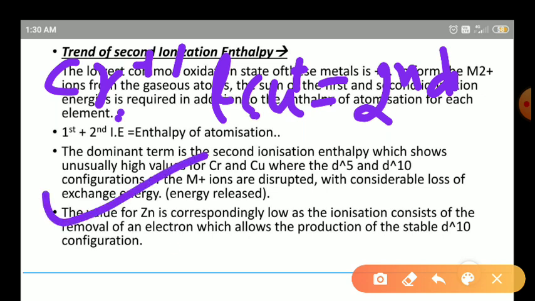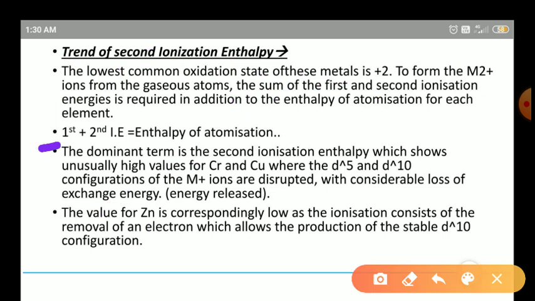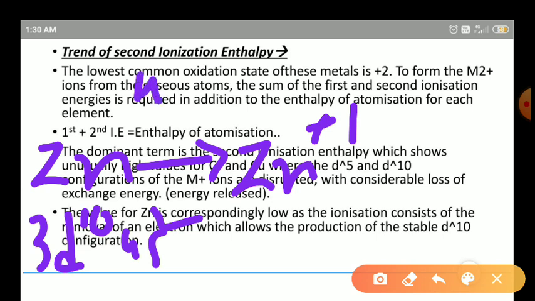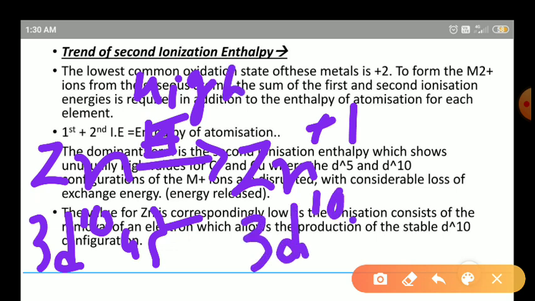But in the case of zinc, the second ionization enthalpy is very less. Zinc turns into the zinc +1 oxidation state, which becomes 3d10 and 4s1.